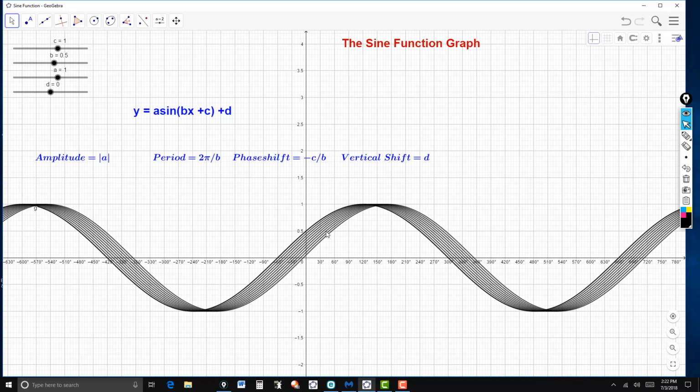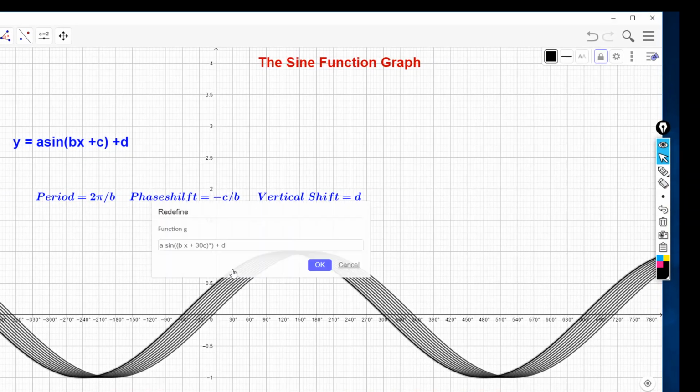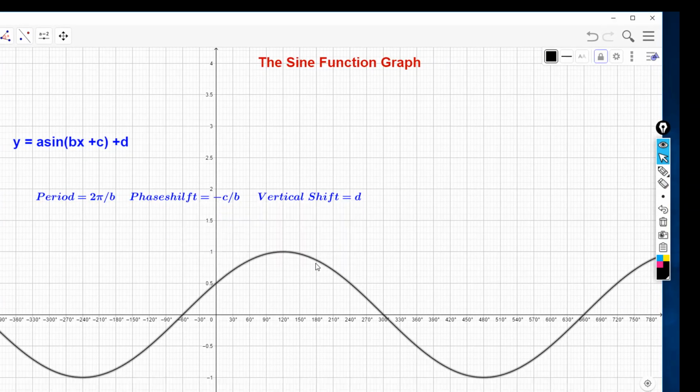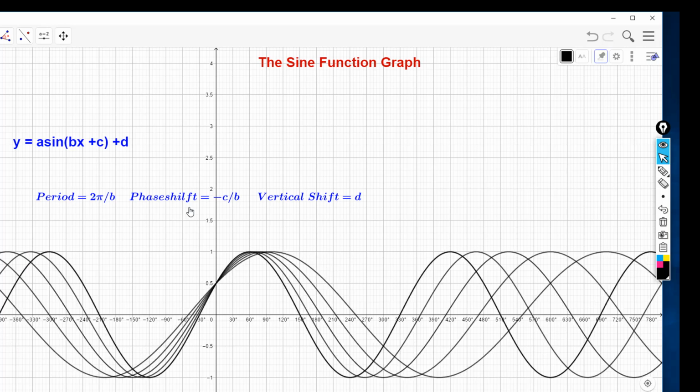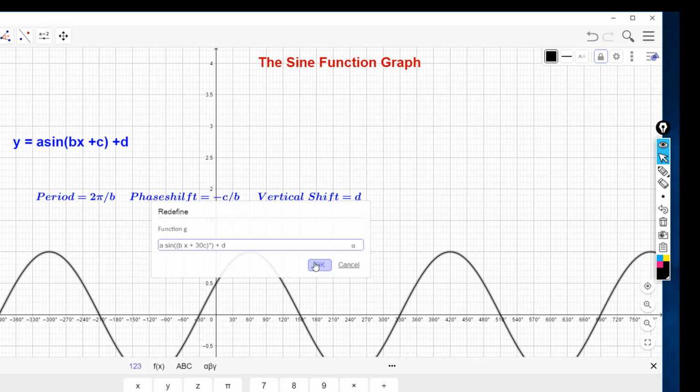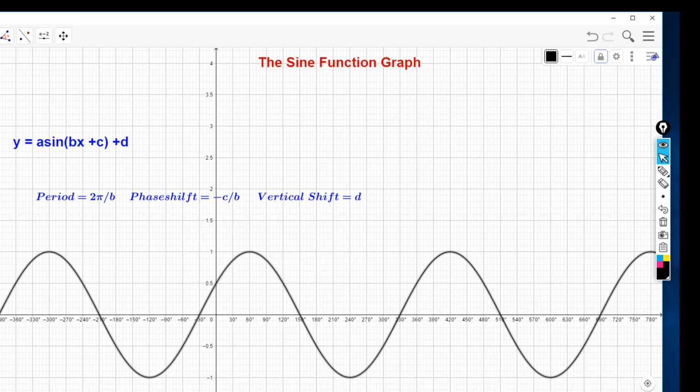Okay, c is equal to 1, and I want to leave b at 1. So we want c to be 1, b 1, a 1, and d is 0.